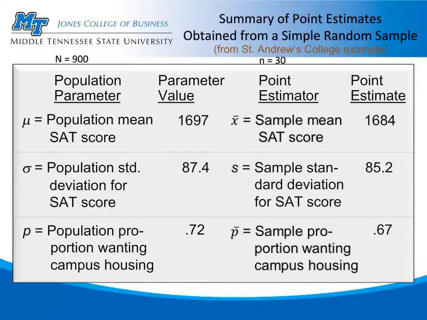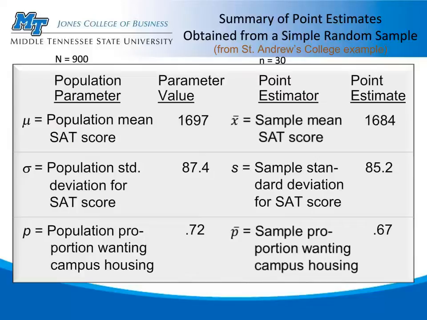Now, in the theory of sampling distributions, we're trying to show the relationships between the population parameters and the point estimates. The sample mean is a point estimate of the population mean. Right before the meeting, they don't know that the population mean is 1,697. But they take their sample of 30 and calculate the sample value as 1,684, which is pretty close.